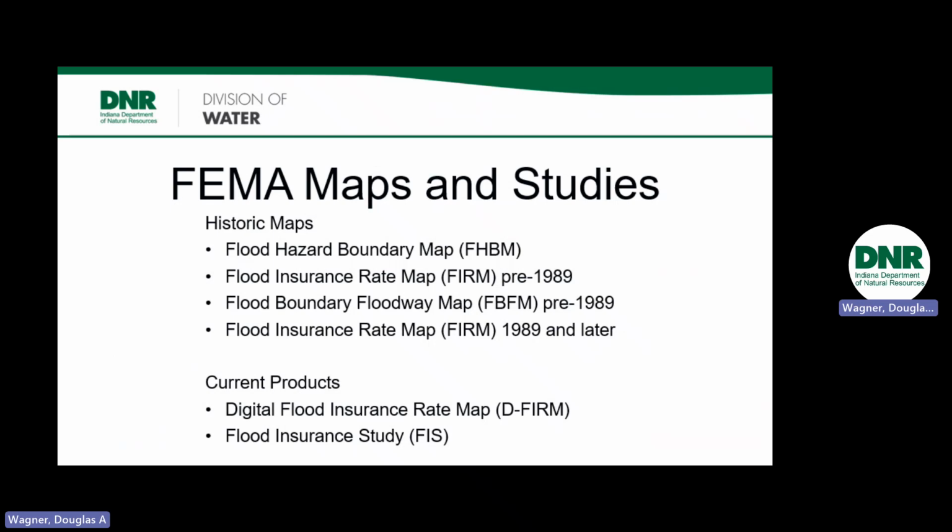FEMA maps and studies include the historic studies shown here on the slide, but we will not discuss those, only our current products: the digital flood insurance rate maps, or DFIRMs, and the flood insurance study, or FIS.